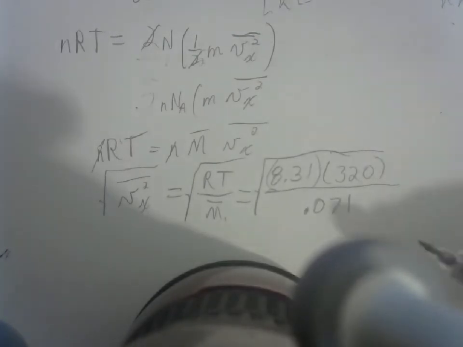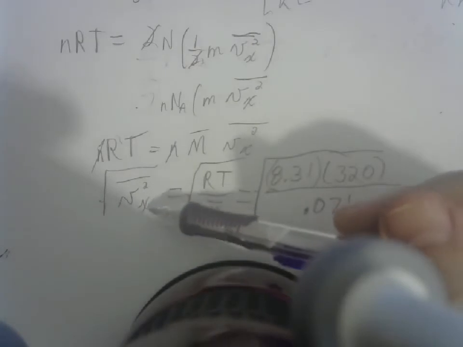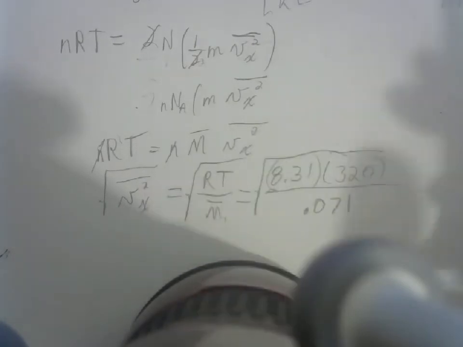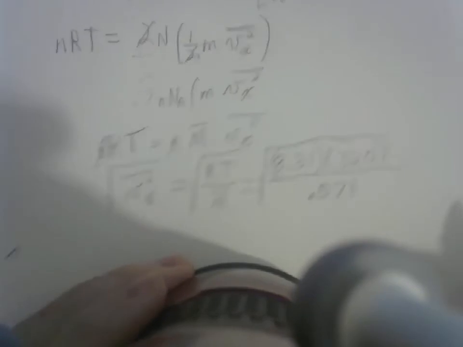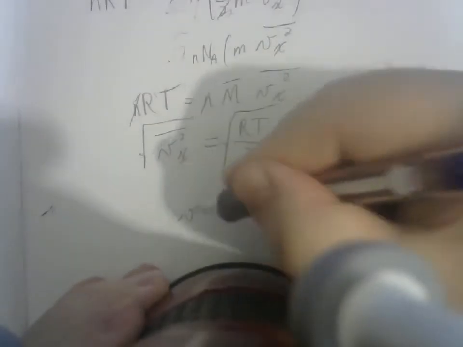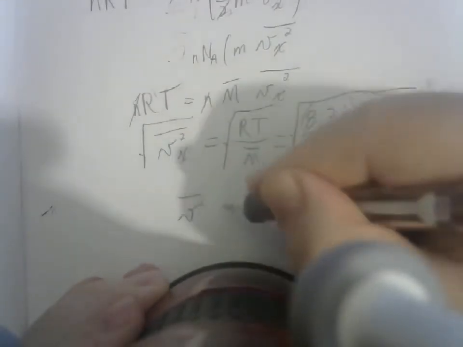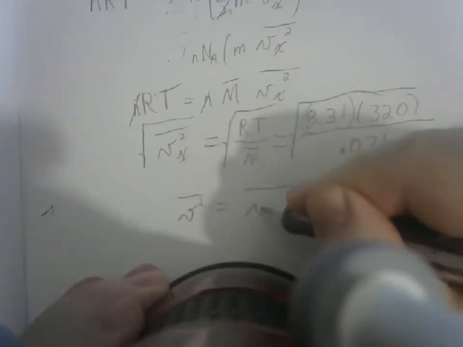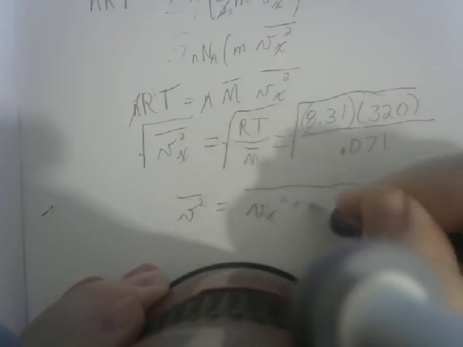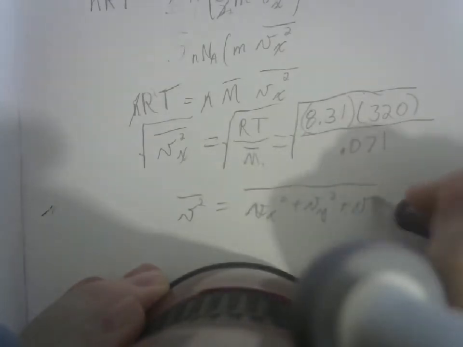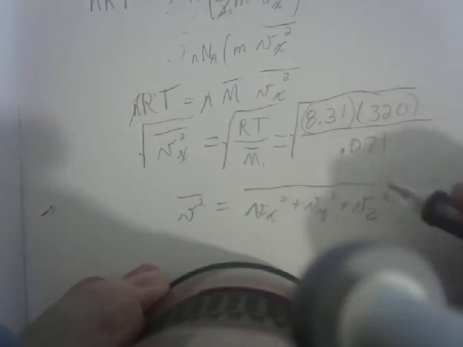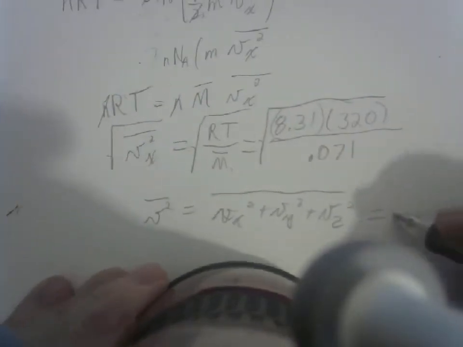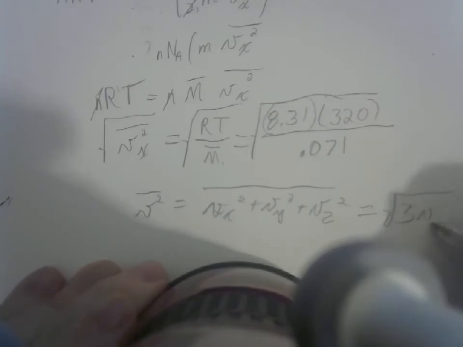The only trouble is I've just found v sub x, the root mean square velocity in just one component of the velocity. And the actual velocity is going to be v squared equals v sub x squared plus v sub y squared plus v sub z squared, which will be equal to 3 v sub x squared.